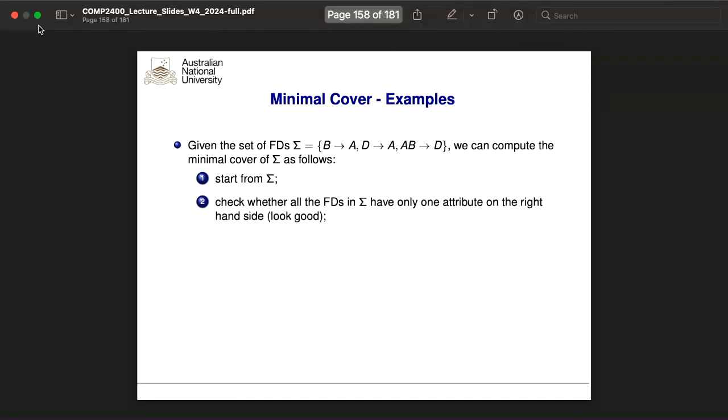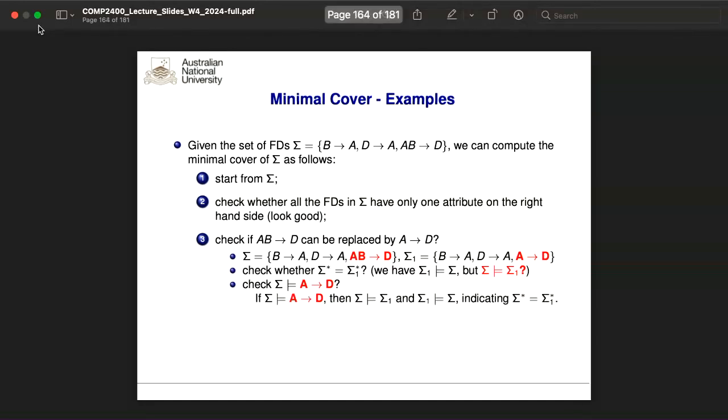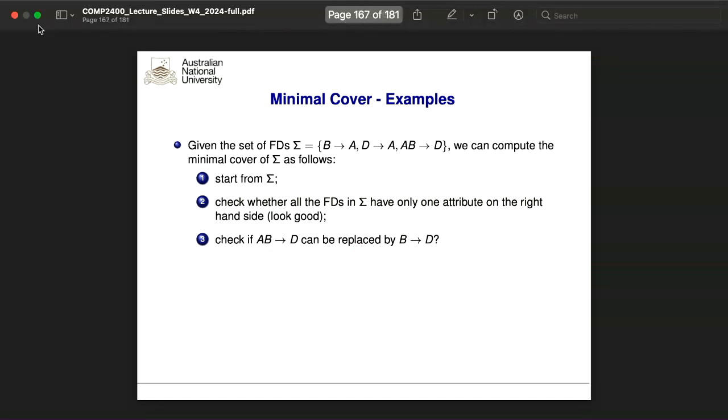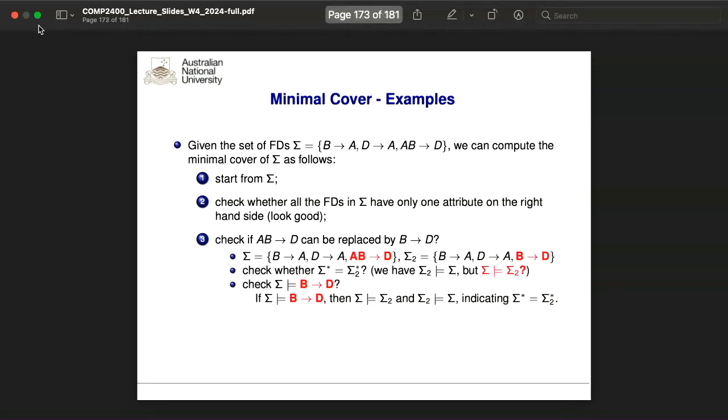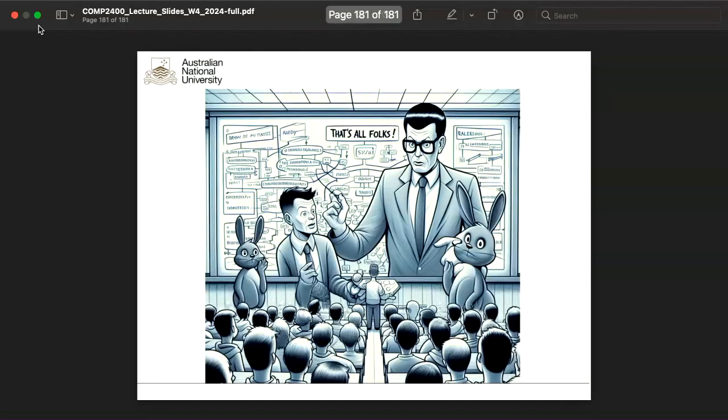I include some examples with a lot of details in the lecture slides, so you can have a look, then we discuss next week. That's a lot, just because we need to do a lot of checking. But once you know the principle, it's not difficult.